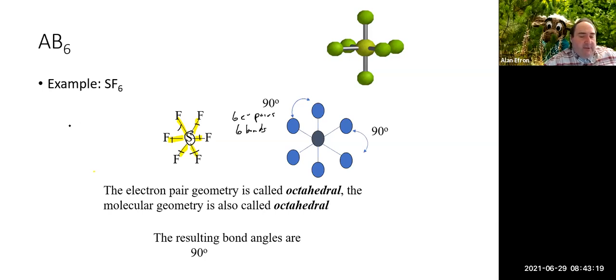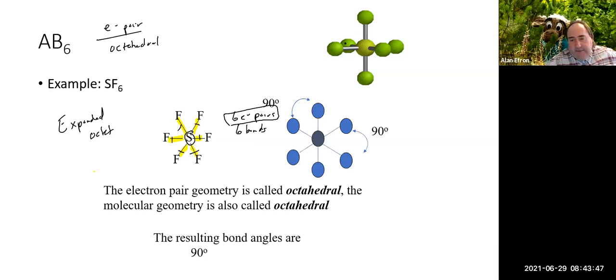And 6 electron pairs obviously gives us 12 electrons, which again puts us in that expanded octet exception to the octet rule. Something with 6 electron pairs has an electron pair geometry known as octahedral. And with 6 bonds, we get these right angles of 90 degrees.